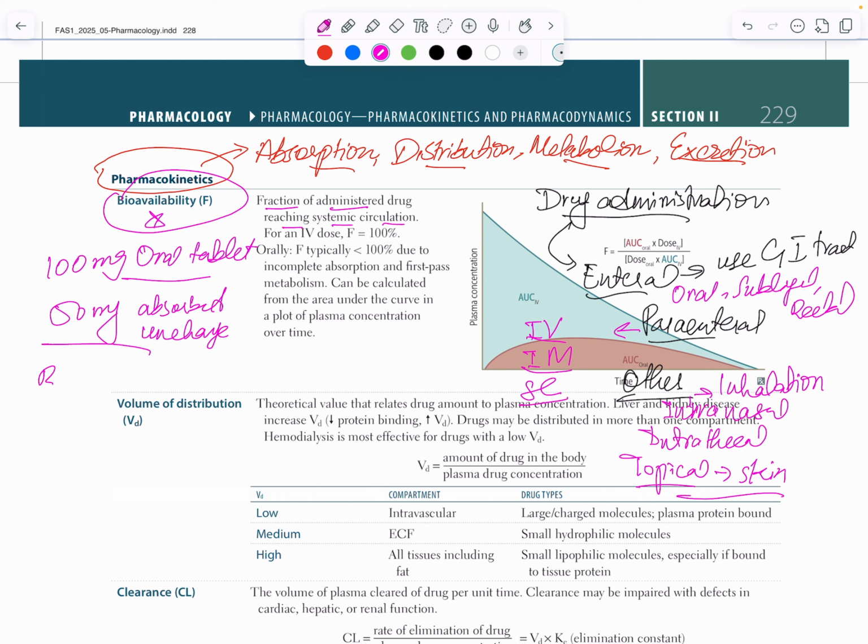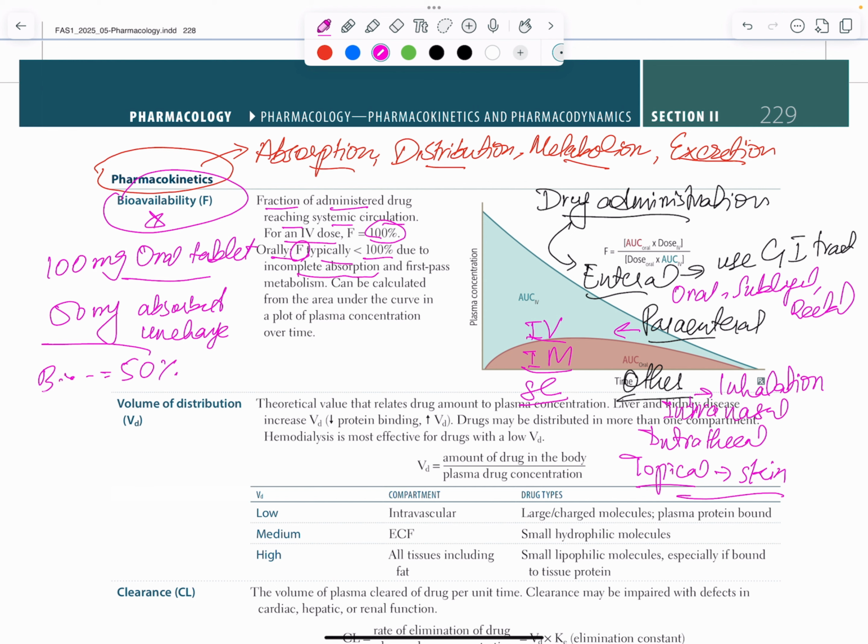So bioavailability will be 50%. Okay, but for the IV, the bioavailability is 100% because you are injecting the drug directly into the blood. For the oral route, F stands for bioavailability, typically less than 100% due to incomplete absorption.